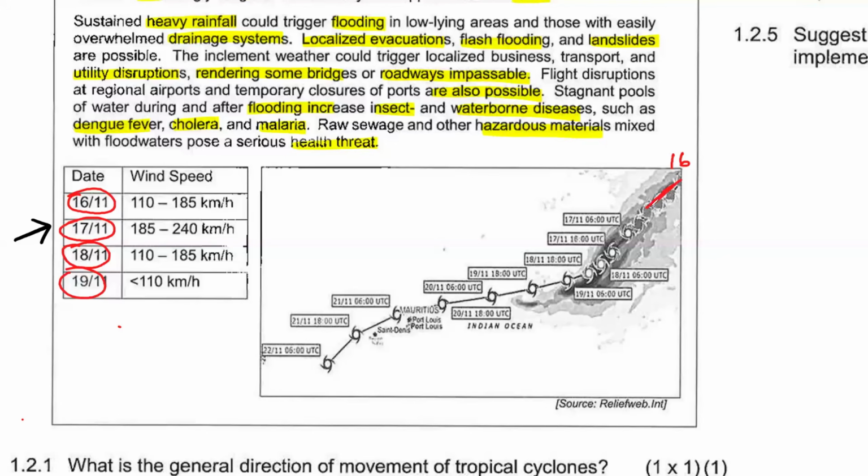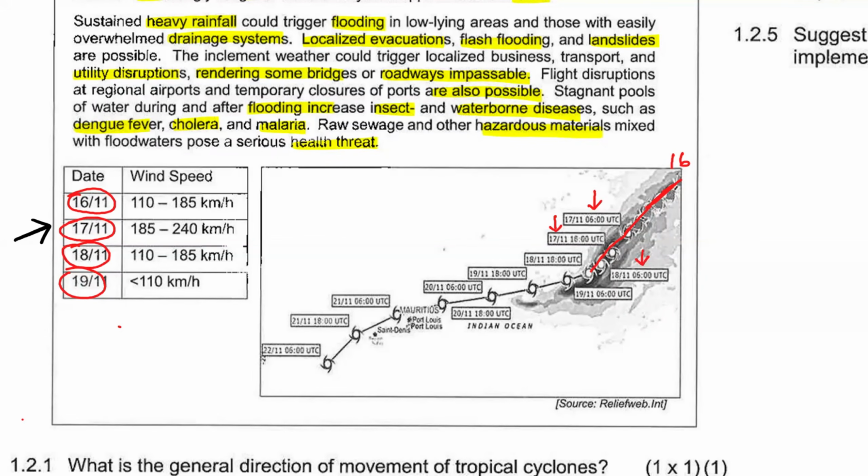And the path continues. Now this is the 17th of November at 6 o'clock in the morning. And you can even see there's time there. And then this is the 17th November at 16 o'clock UTC, so that's like 4 o'clock. And when it reaches here, this is the 18th of November 6 o'clock in the morning.